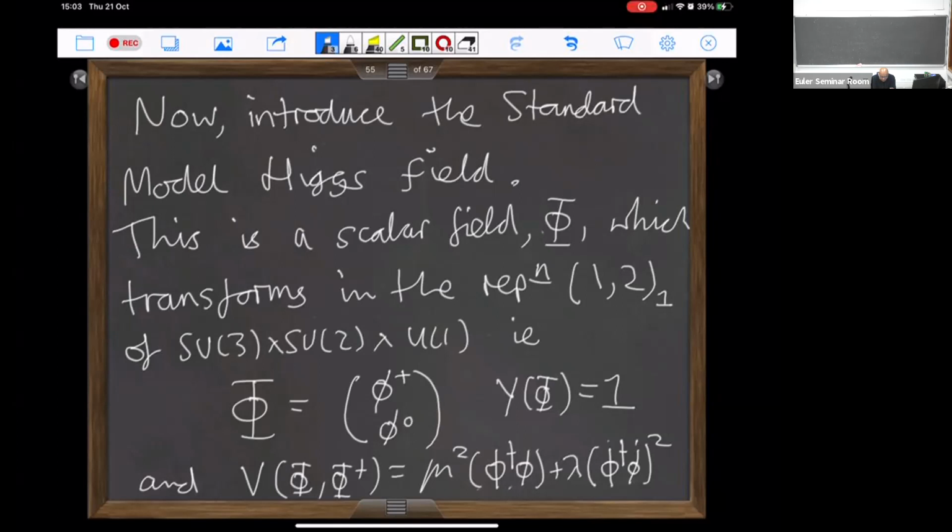Okay, and then up to quartic terms, the only 2 terms you can write down are of the type that we had in the abelian Higgs model, except now instead of phi star phi, we've got phi dagger phi. So there's the mu squared phi dagger phi term in the potential, and the lambda phi dagger phi all squared term.